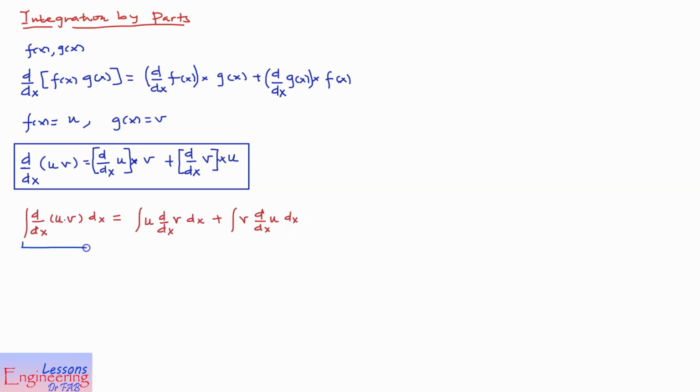What we are looking at is the integral of a derivative of a function, which is the function itself. So on this side we have u times v, which is equal to the integral of u d by dx v dx plus the integral of v times d by dx of u dx.